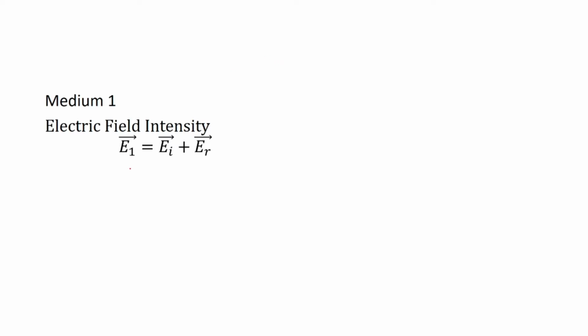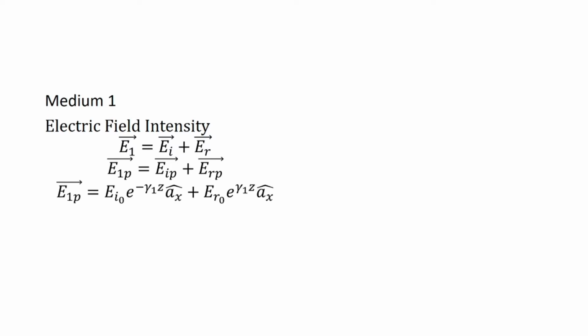So the total electric field intensity is the sum of the incident wave plus the reflected wave. Therefore, the phasor of electric field intensity inside medium 1 is equal to the phasor of the incident wave plus the phasor of the reflected wave. From the results which we have obtained earlier, E1p bar is equal to EIp bar plus ERp bar.